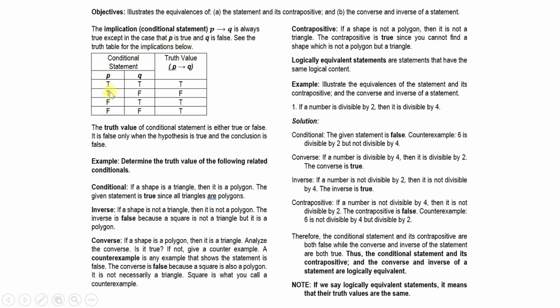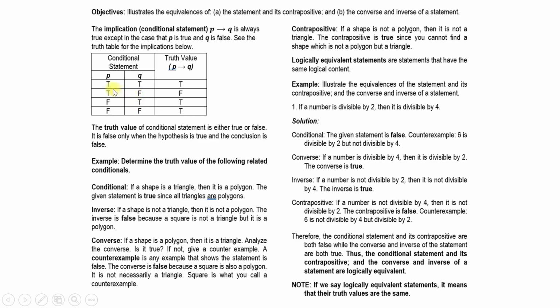As you can see in the table, this is our conditional statement. So, this column, these are the hypothesis and these are the conclusions. So, under column P, our hypothesis can be true, true, false, false. At the same time, our conclusion can be true or false.